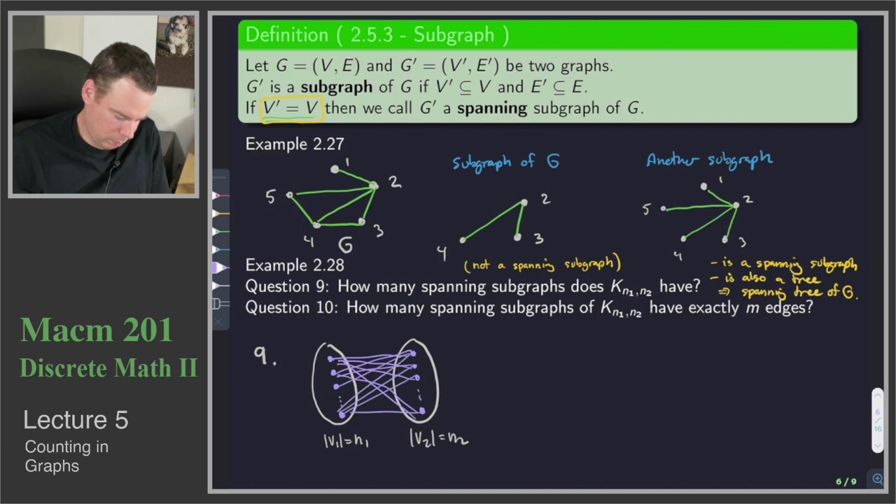There's lots of them, even more in the dot, dot, dot. So there are n1 times n2 edges. And this is our graph K_{n1,n2}.